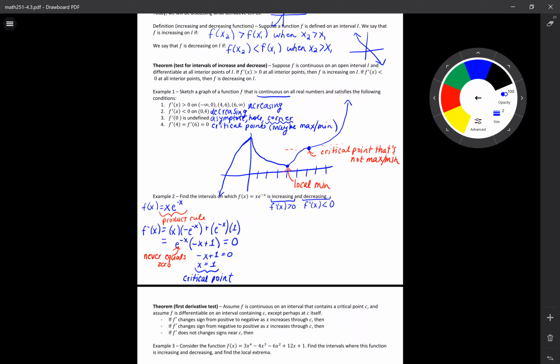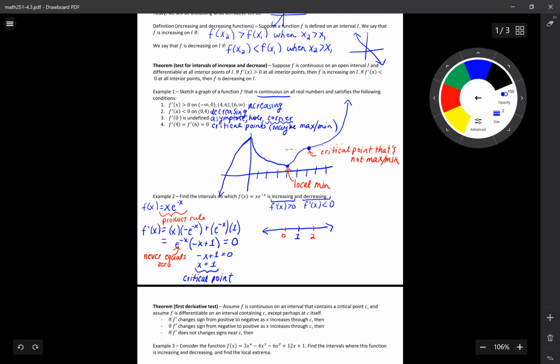So what I'm going to do is draw a number line and draw my critical point on here. In this case, I have 1. And I'm going to test on either side of 1. We can pick any number that we would like on either side of 1. The easiest case here is just 0 and 2. But again, either number on either side works.